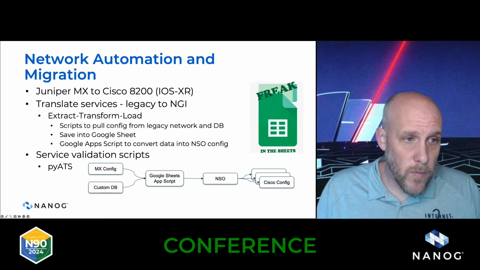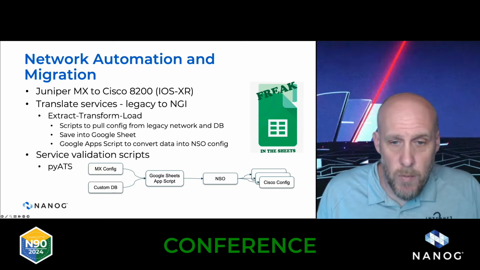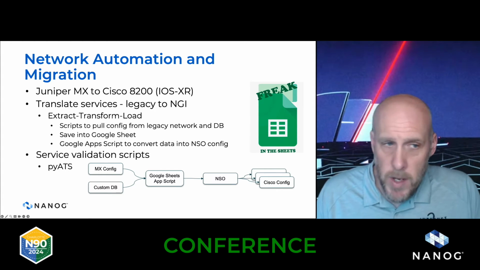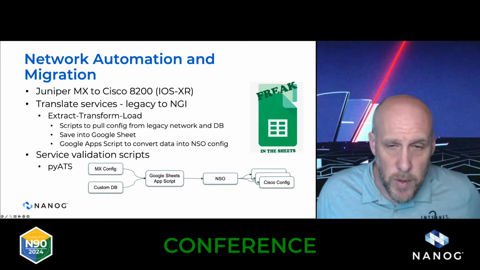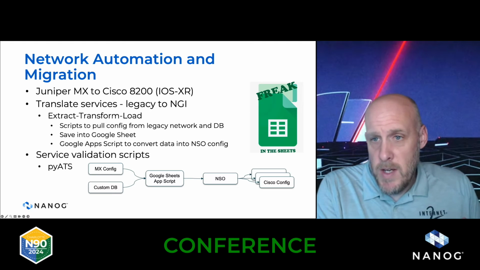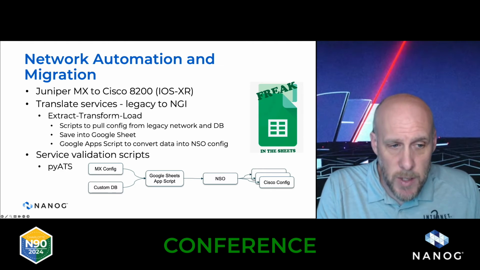All right, so this is going back into the whole Google Sheets concept. This was essentially an extract, transform, and load. We had our legacy configuration from our MX network.